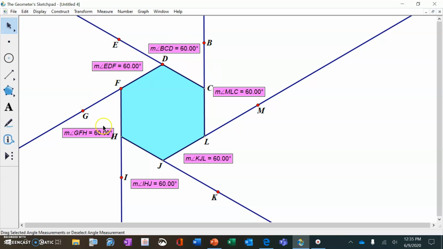So I take the 360 that are the sum of the exterior angles of any polygon, and if I divide by how many exterior angles there are, which is the same thing as the number of sides that there are, I will get the measure of one of the angles if I have a regular polygon or a polygon that is equiangular.